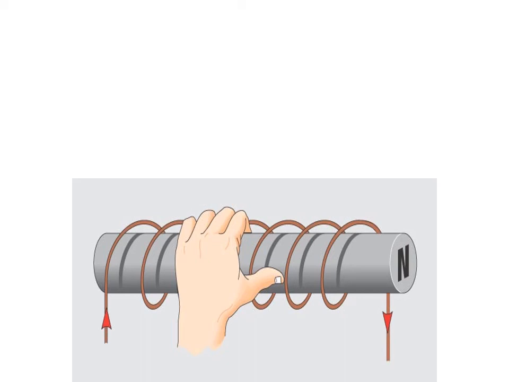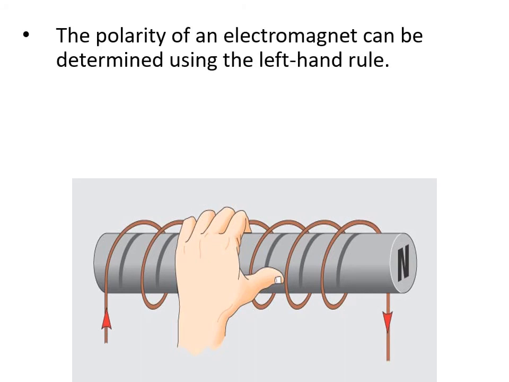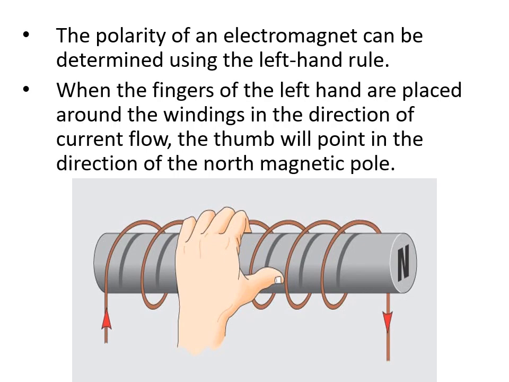We can also use the left hand to determine where the magnetic north pole is on an electromagnet or a coil, or as we're going to start calling them, inductors. If we take our left hand and grab the coil, and we point our fingers in the direction that the current is flowing around the inductor, our thumb will automatically point towards the North Pole.